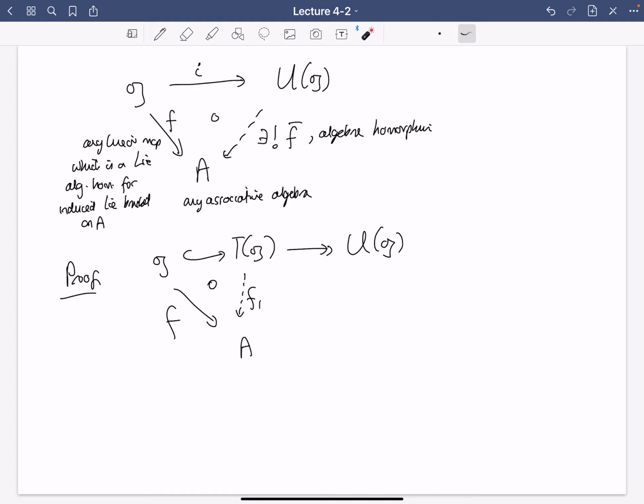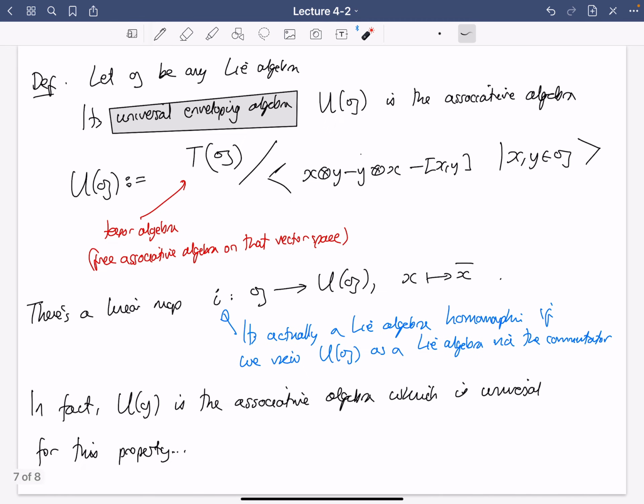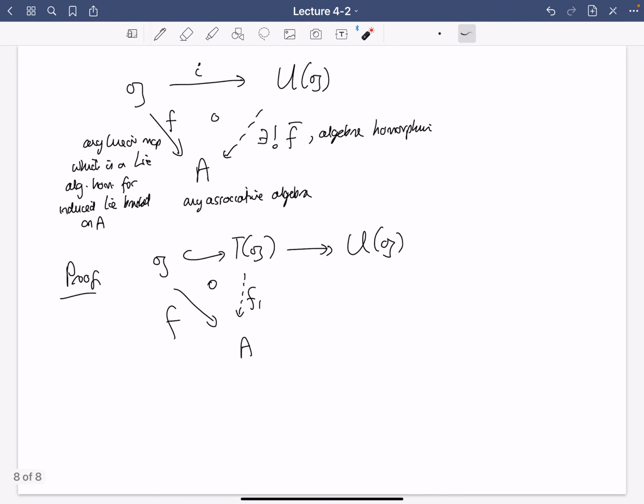But then because F is actually a Lie algebra homomorphism, this induced map F1 sends all the generators of that ideal to 0. And so then we can use the universal property of this U of G defined as a quotient to see that this F1 factors through the quotient to give you the F bar that we want.